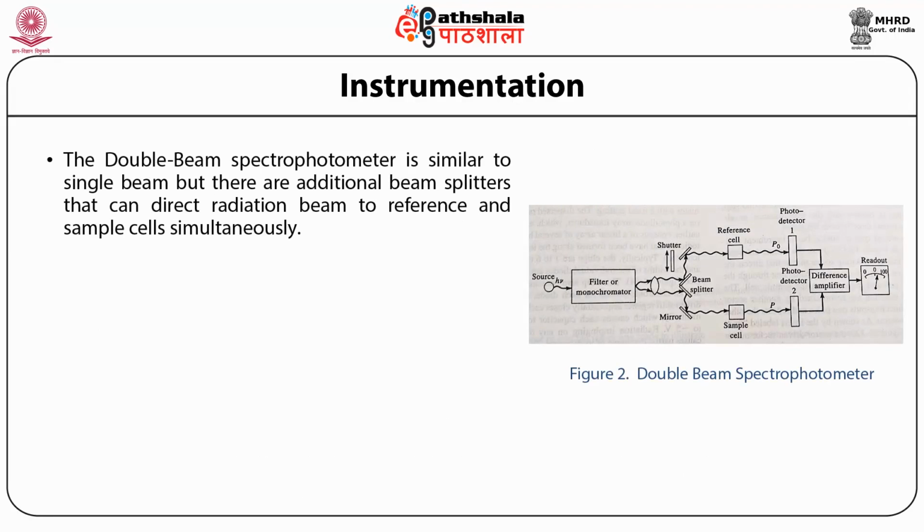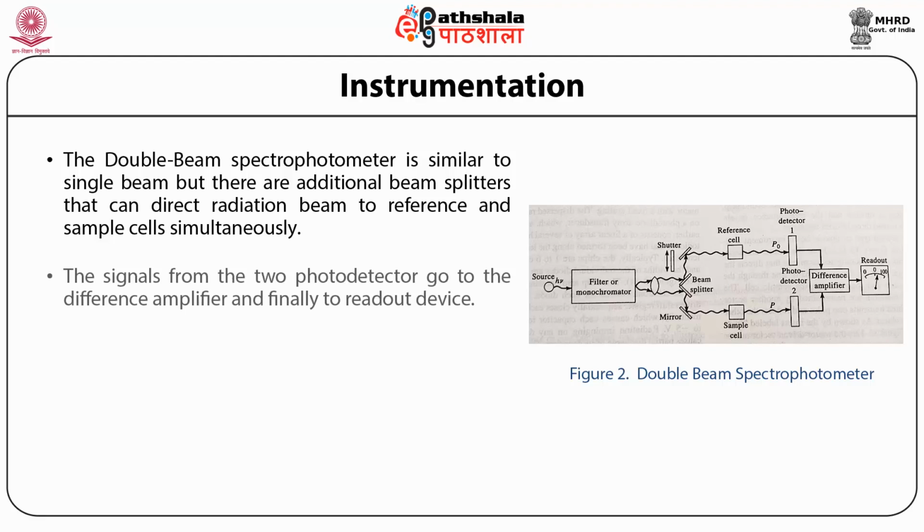The double beam spectrophotometer is similar to the single beam, but there are additional beam splitters that can direct radiation to the reference and the sample cell simultaneously. This can be observed in figure 2. The signals from the two photodetectors go to the difference amplifier and finally to the readout device.